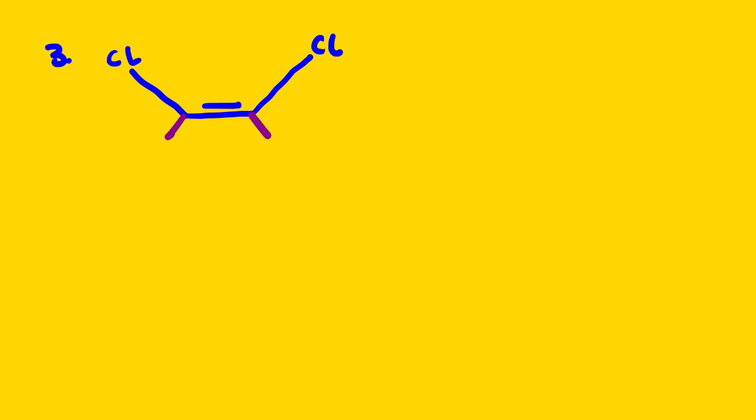So the name for this, we start with the IUPAC. We have 1, 2, 3, 4. It's actually 2 carbons, because this bond is moving to chlorine. It's a bond between chlorine and carbon. Let me actually draw this in a more acceptable structure.